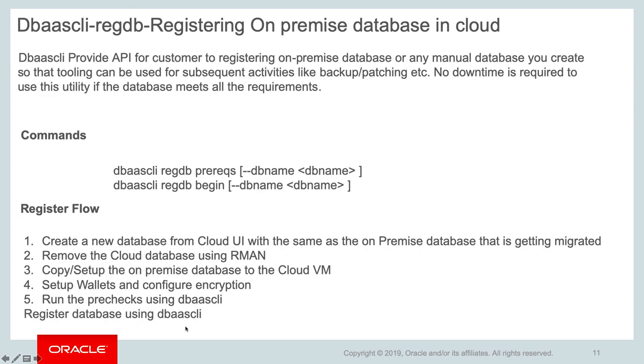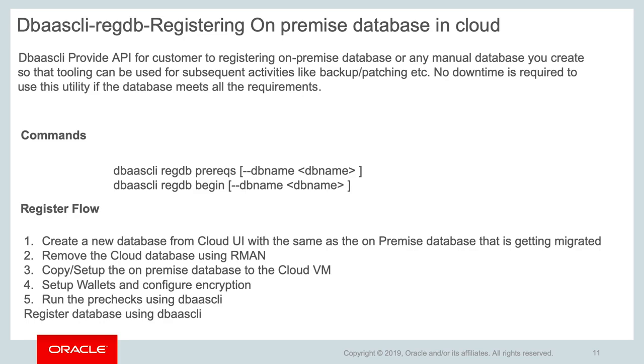The next command we will learn about is Diva CLI ResDB, and it is for registering on-prem databases into the cloud. Why do we need this? If a customer brings their own copy of a database into the cloud, the tooling is going to fail and will not recognize it.